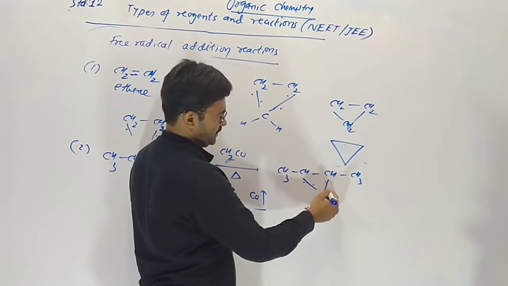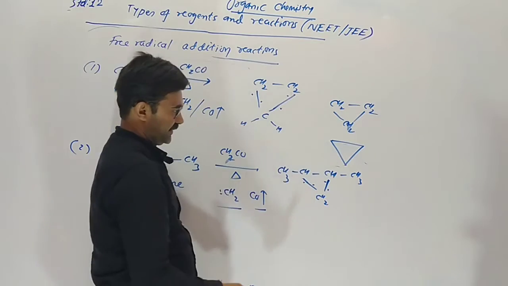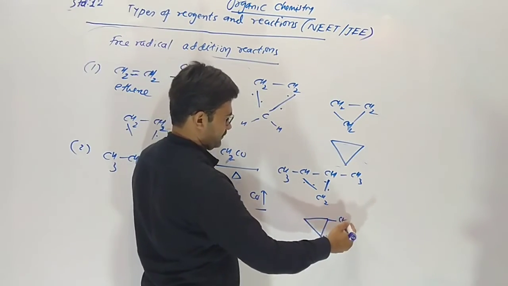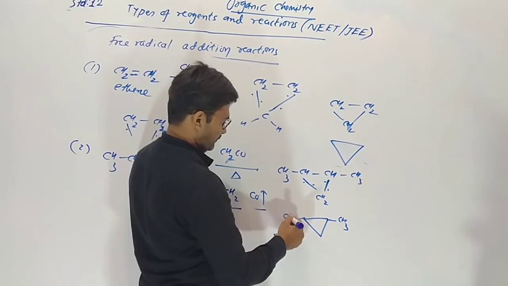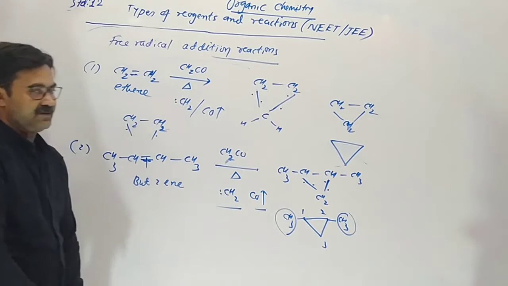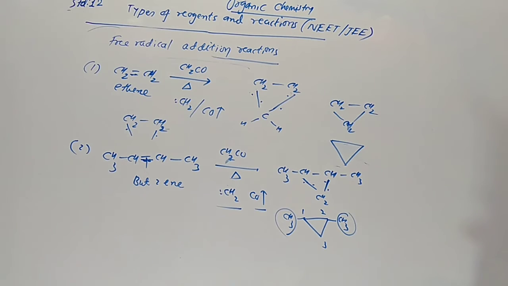This one and this one participate with sharing one electron. So it looks like this. In bond line structure, 1,2-dimethyl cyclopropane is our product.